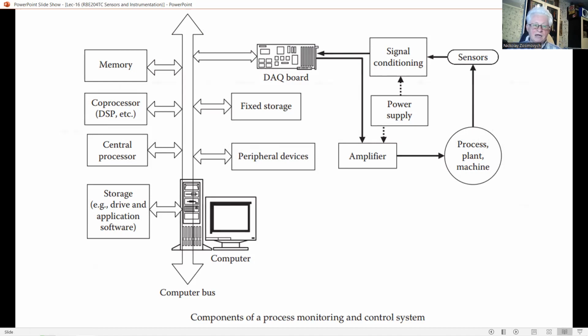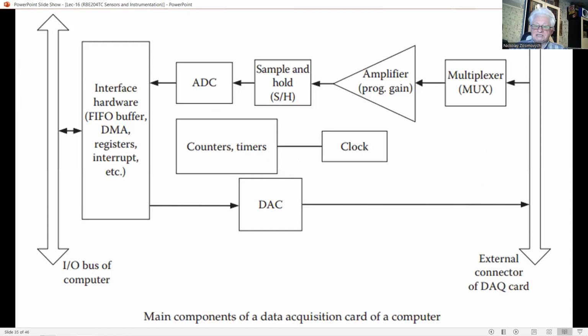And furthermore, in representing a discrete signal value by a digital value, an error called quantization error is introduced due to the finite bit length of the digital word. This is also the resolution of the ADC. DACs and ADCs are usually situated on the same DAQ card, as you can see in this figure.